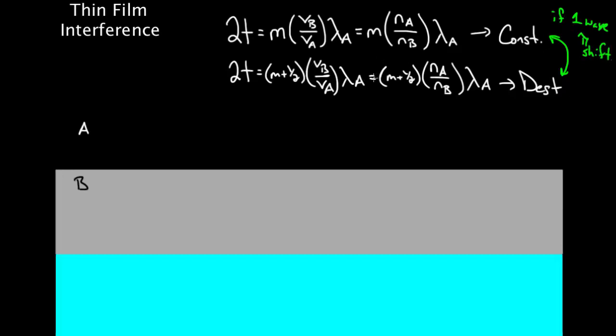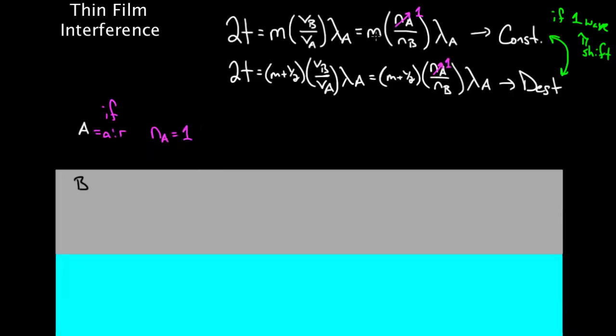This still looks a little bit intimidating. I'm sorry, that looks intimidating. So sometimes it gets even better. If this region A is air, well, the index of refraction in air is just 1. So that cleans things up a little bit. This just becomes 1, and this up here just becomes 1.